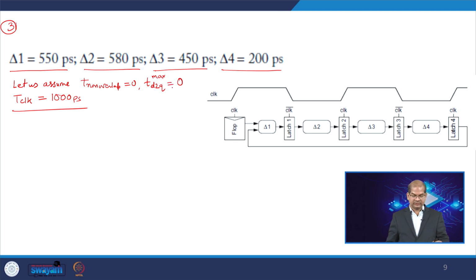These are the assumptions. If this is the case, how much time will each of the latches borrow? Latch number, amount of time it is borrowing.